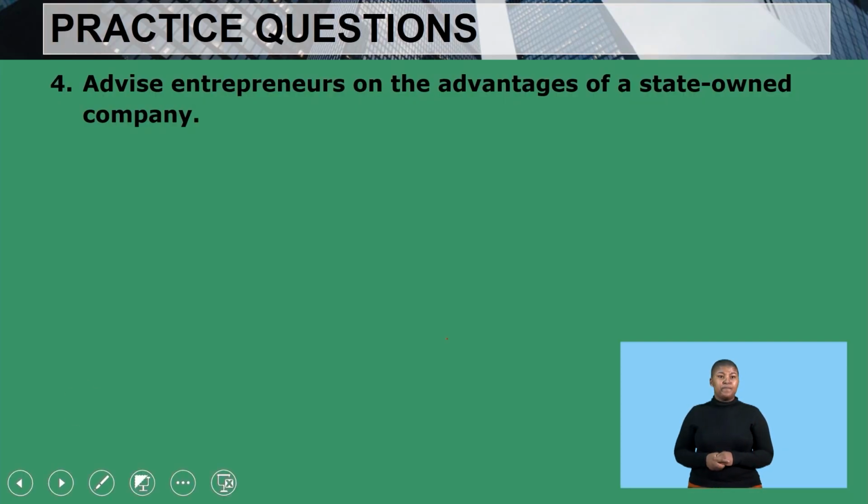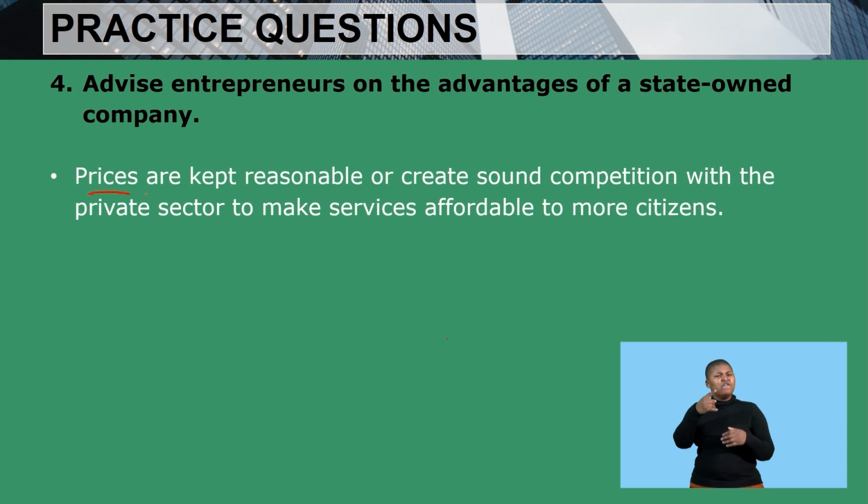Now, moving along to question number 4, it says advise entrepreneurs on the advantages of a state-owned company. Prices are kept reasonable or create sound competition with the private sector to make services affordable to more citizens.